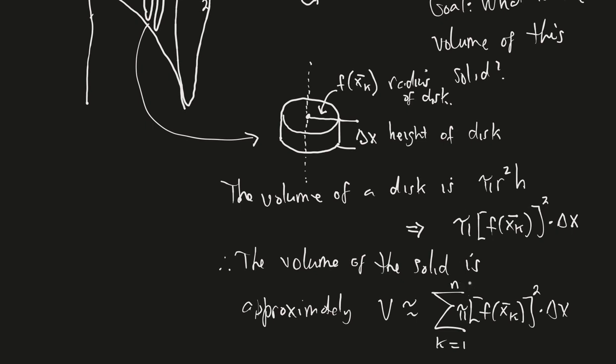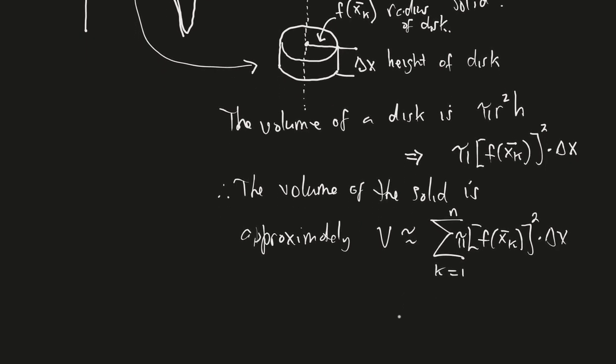We can say it two ways: either we let n go to infinity, or we let our delta x go to 0. What happens is the solid gets filled in more and more precisely with thinner, or I should say shorter, disks, right? So if we let our delta x approach 0, then we will get the exact volume.